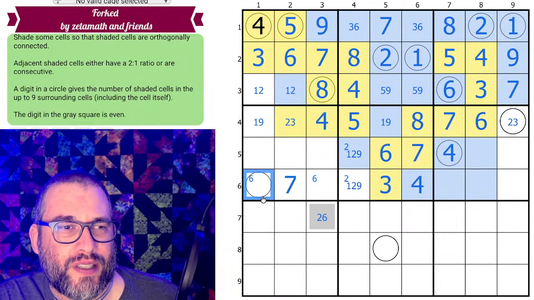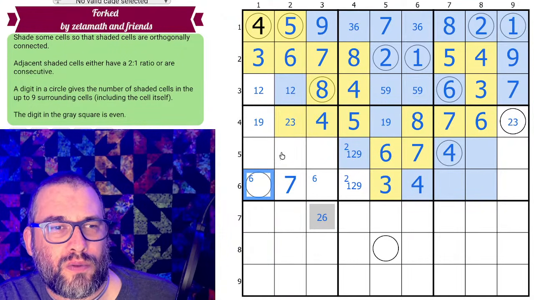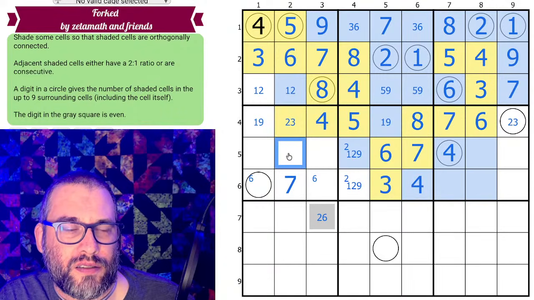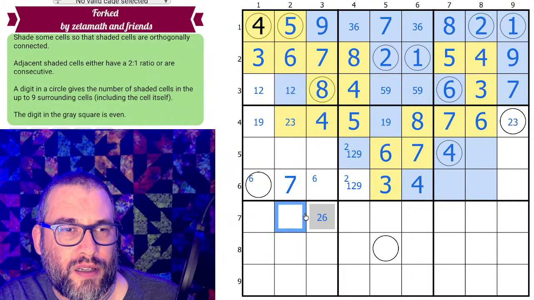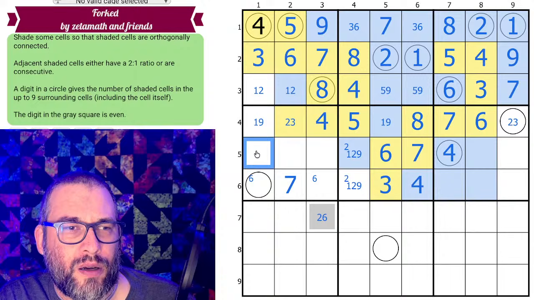Yeah, 6 here would force an 8 here. Another 6 here. Oh, but that breaks because there's nothing for this to be.